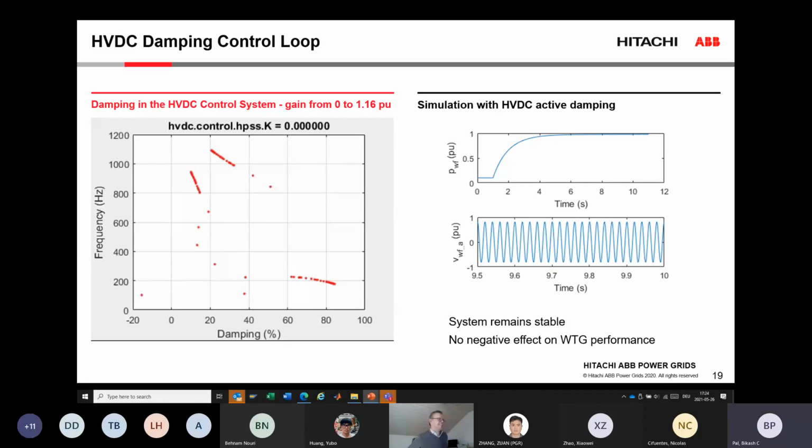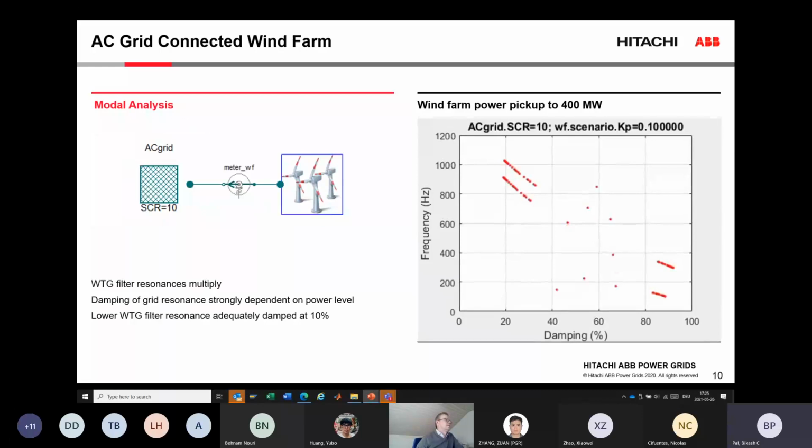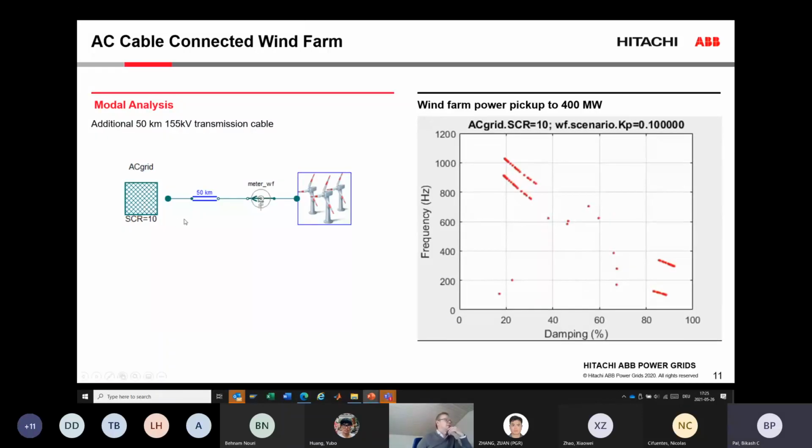Well, particularly when there was this 2019, 9th August grid collapse in UK with the Hornsea. Yeah. I mean, maybe you have more information about Hornsea than I have, but as I understand it, the problem they had there was the dynamic reactive power support control loop. So it was essentially this situation here, where you have a wind farm, you have a long AC cable, and then you have a grid.